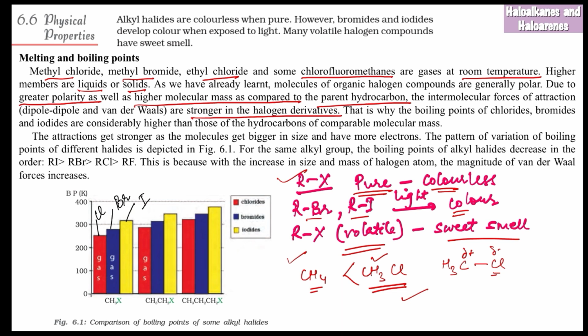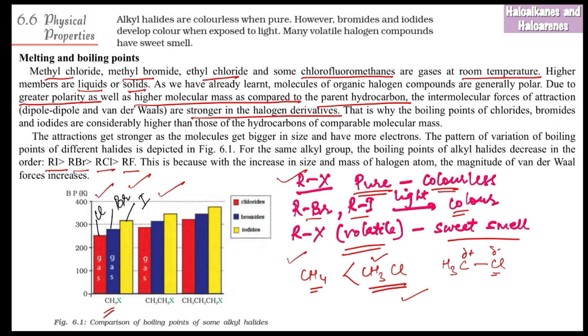Now in this graph, the boiling points of chloride, bromide and iodide of different alkyl halides are shown. In the case of derivatives of methane, as can be seen, for the same alkyl group, the iodides have a higher boiling point than bromide, bromide has a higher boiling point than chloride, and chloride has a higher boiling point than fluoride.